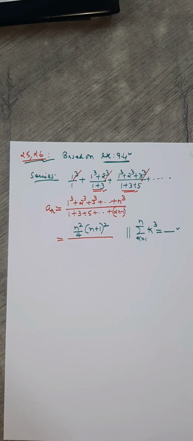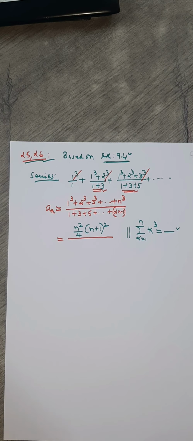So Sn equals n by 2 into 2a plus n minus 1 into d. What is a? 1. What is d? It is 2. So here you can take 2 common. That will get cancelled with this. Inside the bracket you have just n. So we'll get n square. So this is n square.